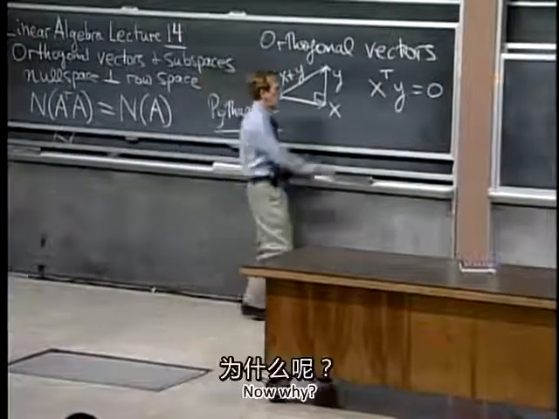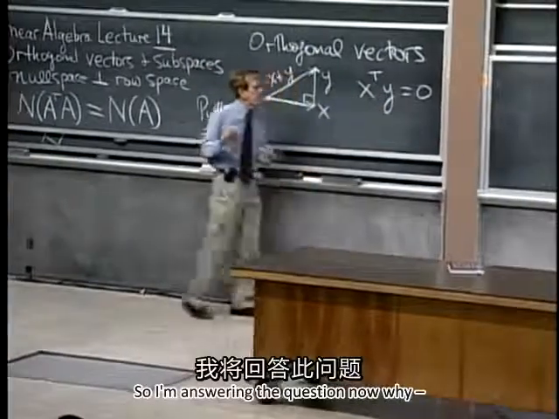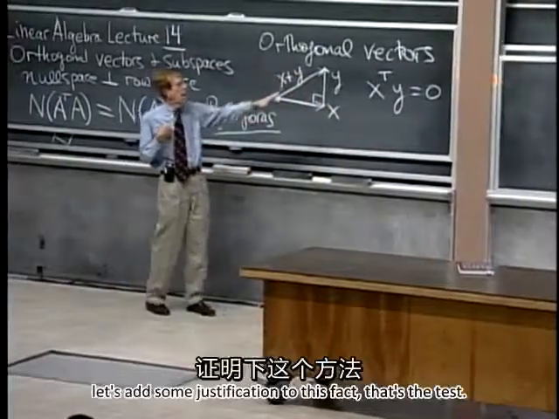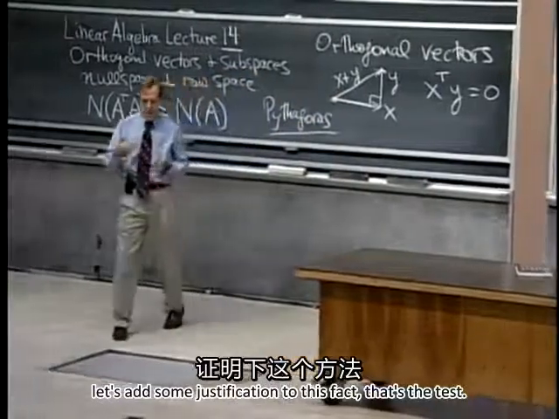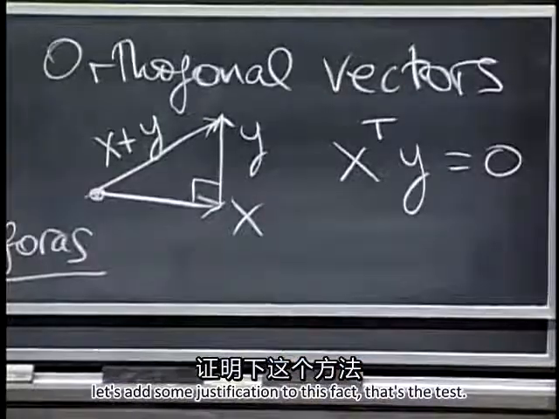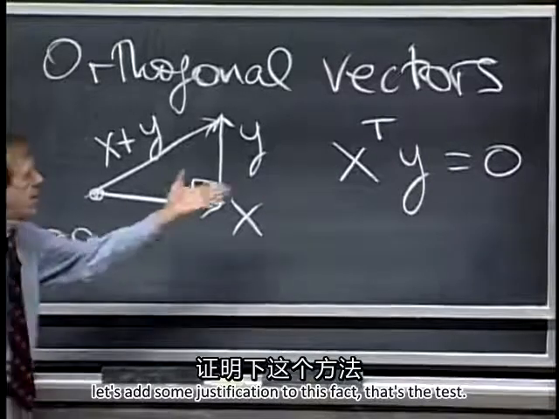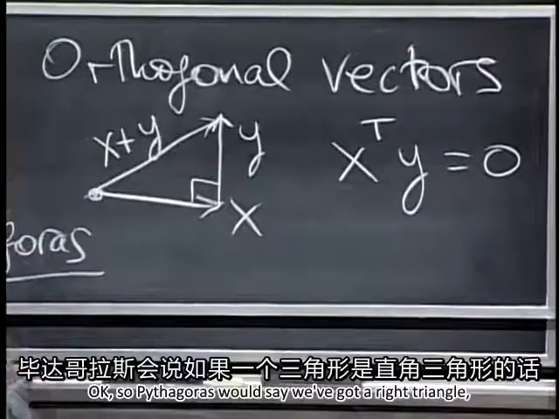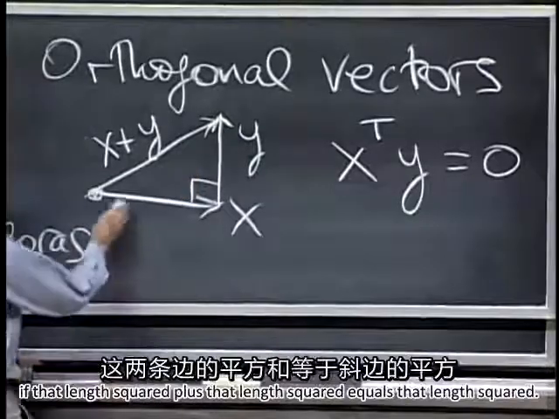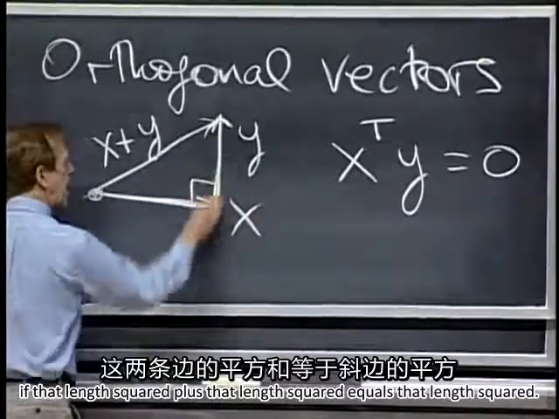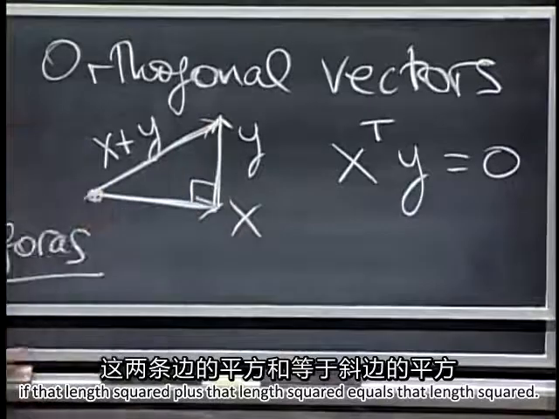Okay. Now I'm answering the question, why? Let's add some justification to the fact that that's the test. So Pythagoras would say we've got a right triangle if that length squared plus that length squared equals that length squared.